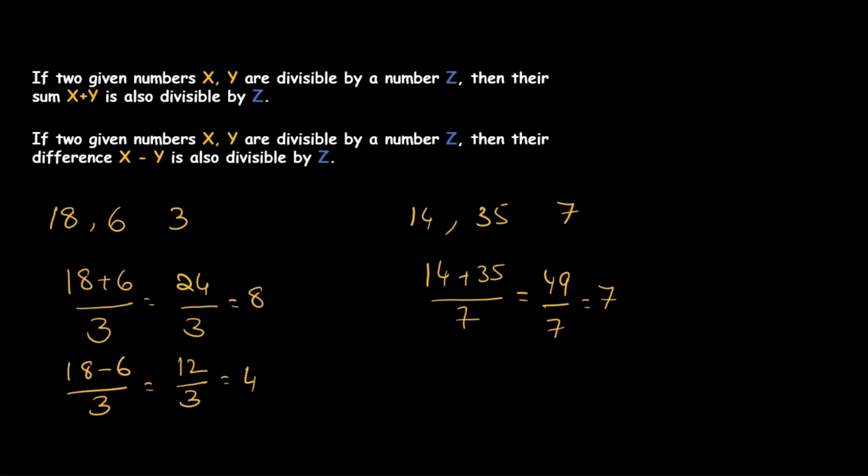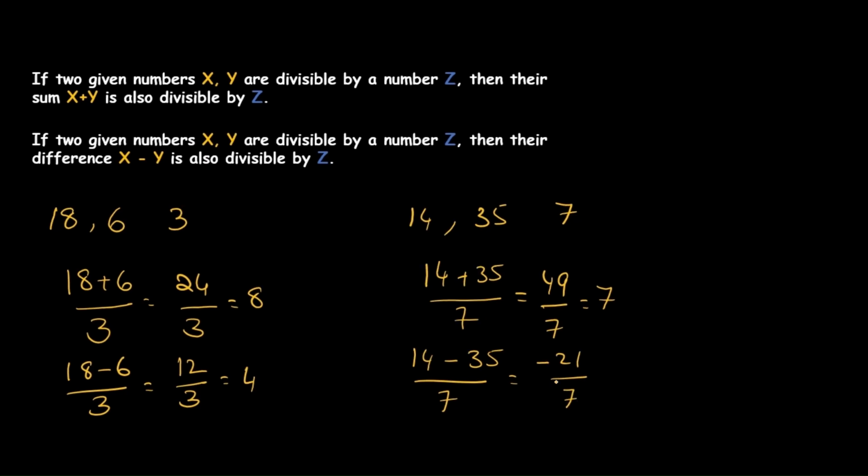We get 7 as the quotient and 0 as the remainder. Not only that, if we subtract one number from the other, say 14 minus 35, can it be divided by 7? Let's see. 14 minus 35 is minus 21. Yes, indeed, minus 21 can be divided by 7, and we get minus 3 as the quotient and 0 as the remainder.